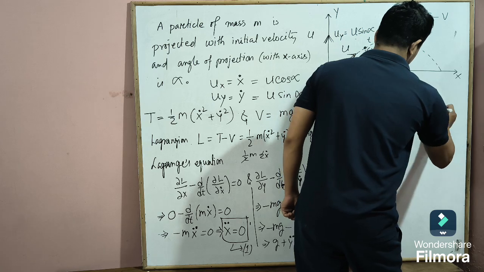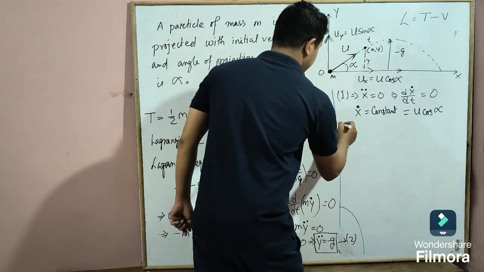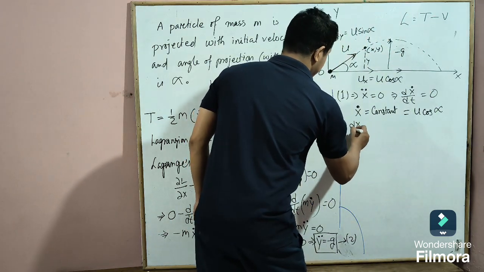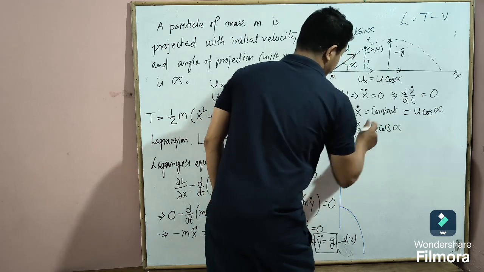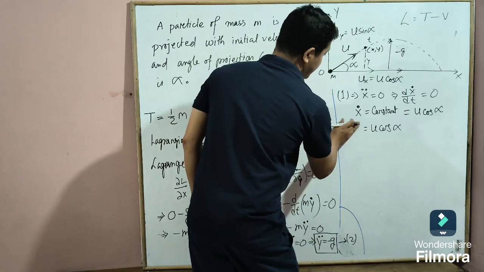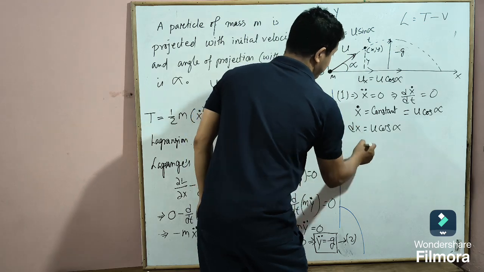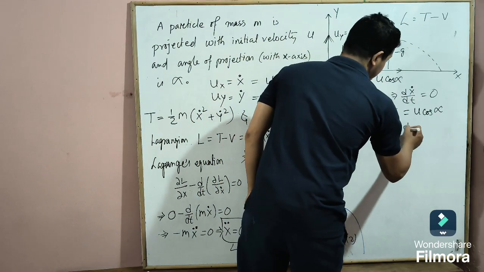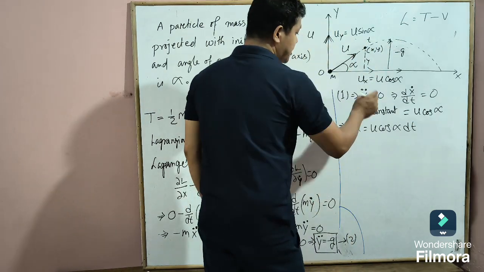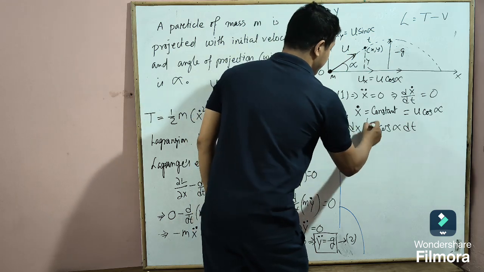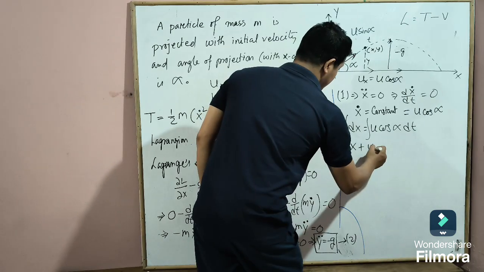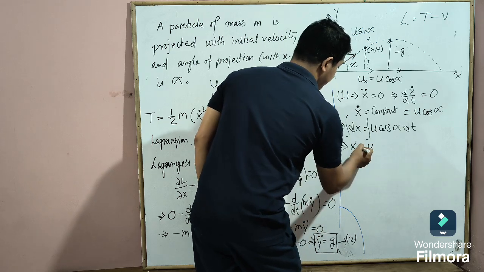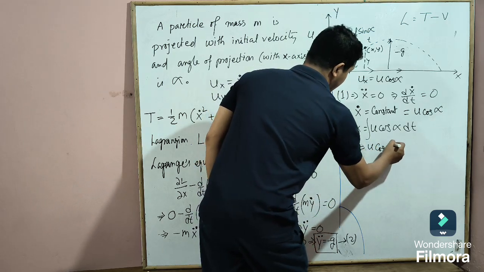Now x dot can be written as dx by dt is equal to u cos alpha. Therefore dx can be written as u cos alpha dt, right? If you integrate both sides, then what are you going to get? x is equal to u cos alpha.